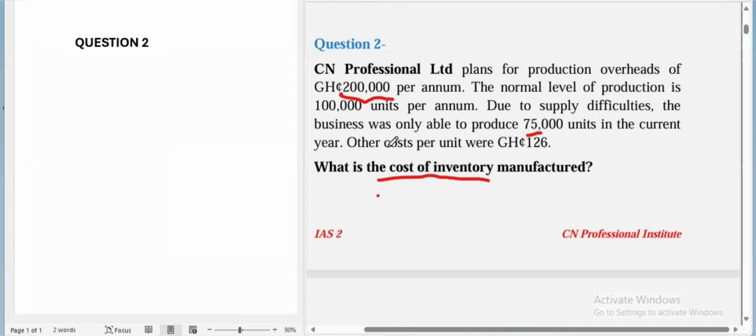That's direct labor, direct material, and other direct expenses. Then we add a systematic allocation of overheads. And we said that systematic allocation of overheads should be based on the entity's normal level of production, not the actual. If you remember all this from part 1, very good. Now let's continue.